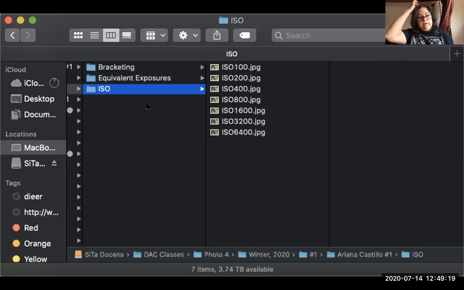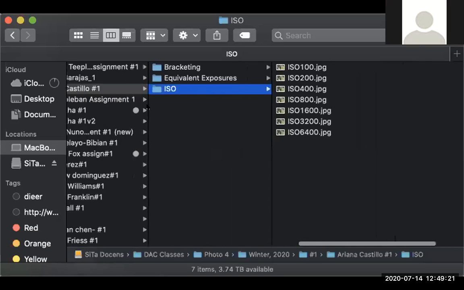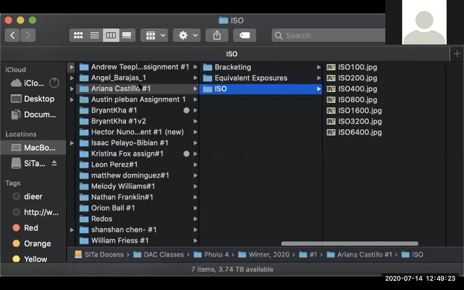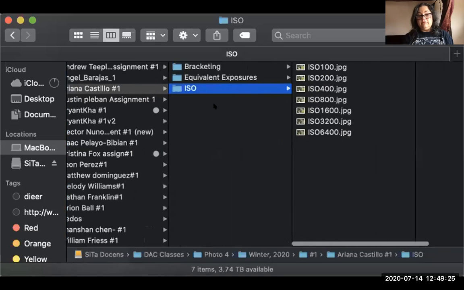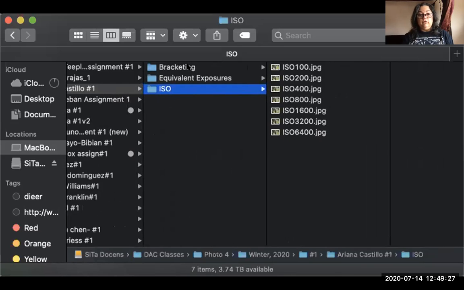So, here's how it was turned in, which is what I want to see. The person's name, assignment number 1, and then 3 folders: bracketing, equivalent exposures, ISO. And then for the ISO, I'd like to see the titles changed to the specific ISO number. So you can see 100, 200, 400, 800, 1600, 3200, 6400.